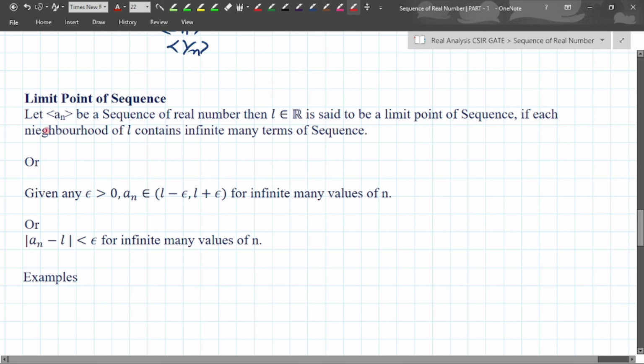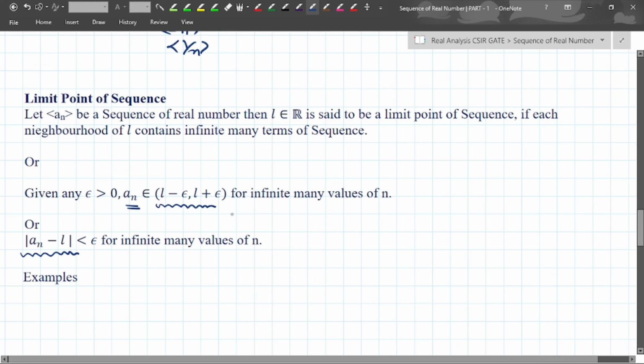It means if you have any sequence, a real number L is said to be a limit point of that sequence if each neighborhood of L contains infinitely many points of that sequence for every epsilon greater than 0. If it contains infinitely many points, then it is the limit point.